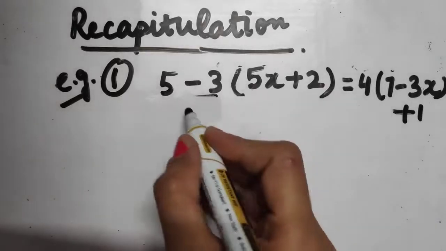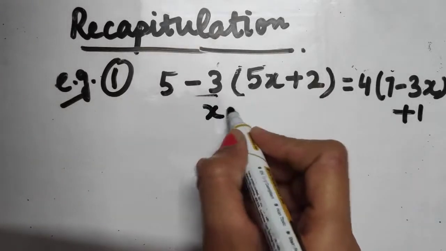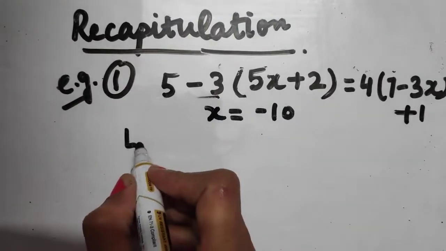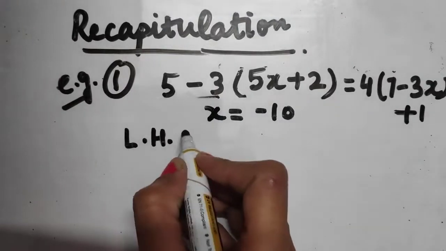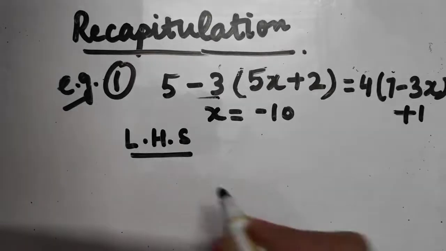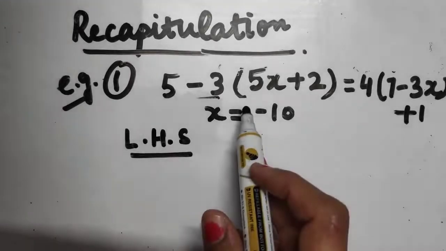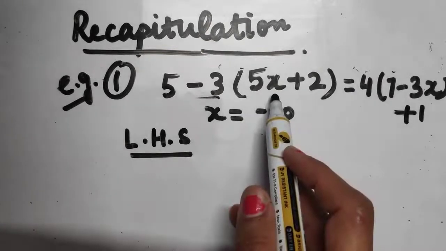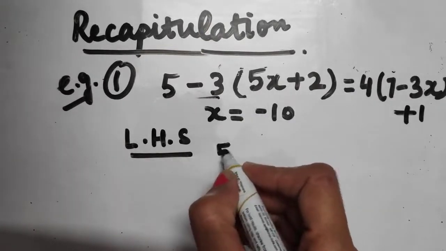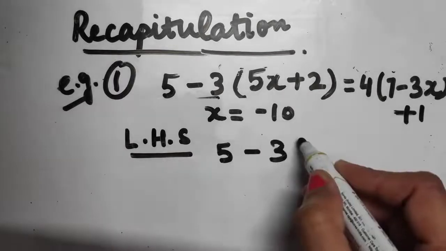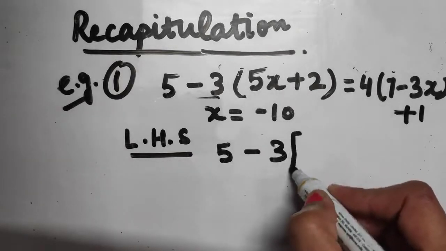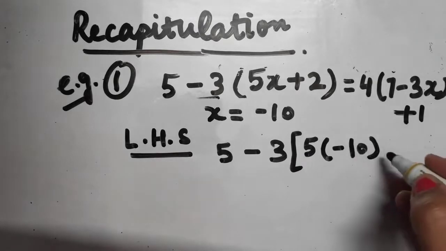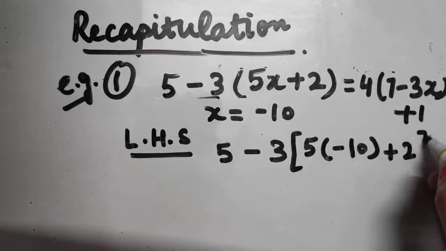Now, we got the value of the variable x as minus 10. Firstly, I am going to put this value on the left hand side. I am going to solve the left hand side, so I am putting x equal to minus 10 in this left hand side. So it will be 5 minus 3 bracket 5 into minus 10 plus 2.